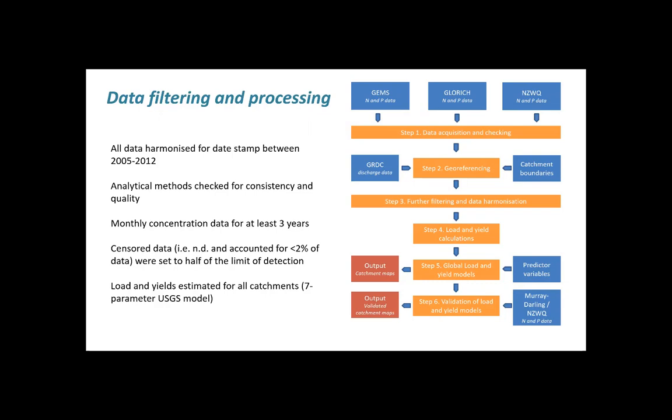Likewise, we've improved on the load and yield estimates since this paper, but we've stuck with the tried and true here, which is a 7-parameter USGS model that takes into account seasonality, flow regimes, etc. Beyond those calculations, we then validated the outputs using data from Australasia, both nitrogen and phosphorus.